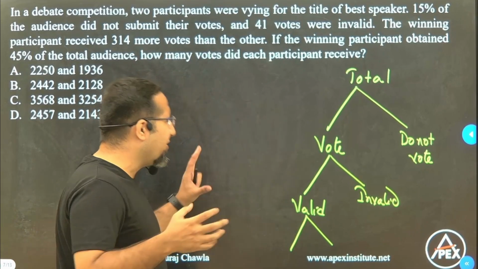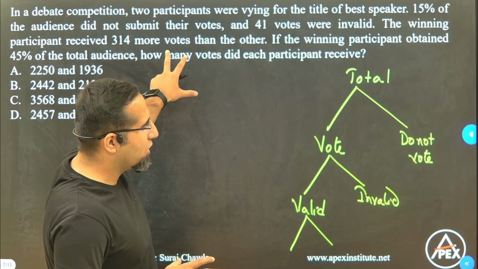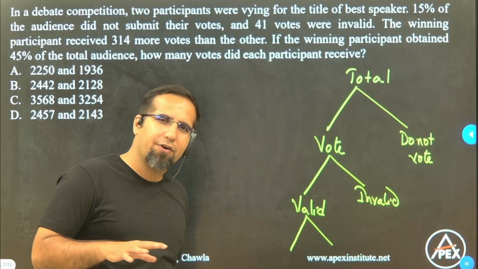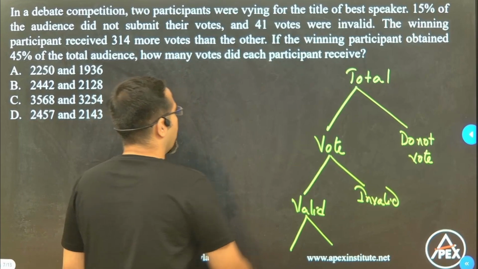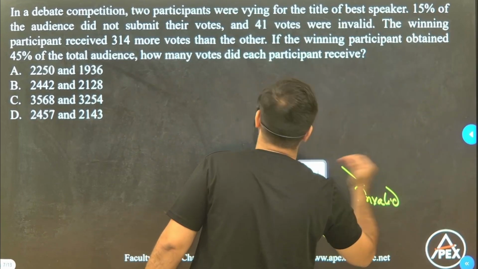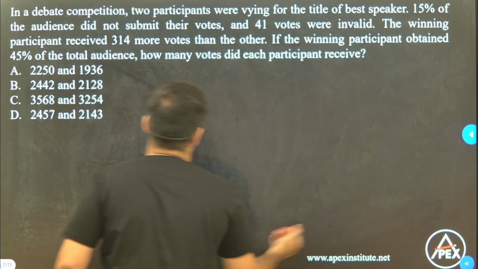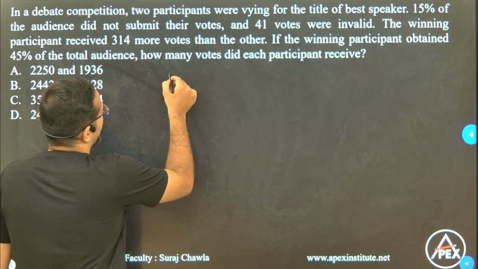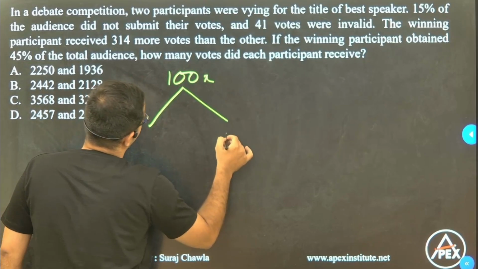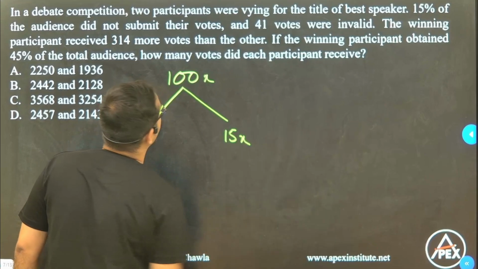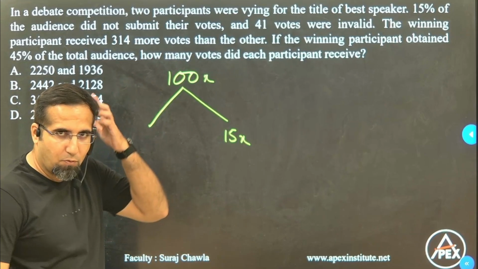और जनरली इन दिस मॉडल, डिपेंडिंग ऑन द क्वेश्चंस, वी जनरली स्टार्ट विद 100x and then we keep on moving forward. ठीक है? So let's continue with this question. Now this question says 15% did not vote. So let me assume that 100x were there. इसमें से 15x did not vote, 15%. So how many people voted?